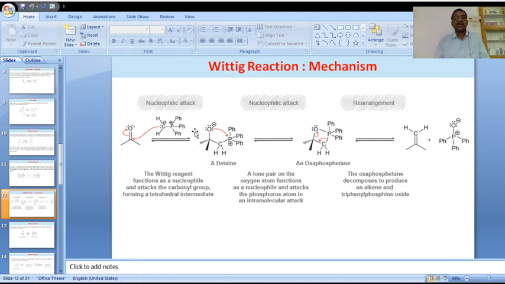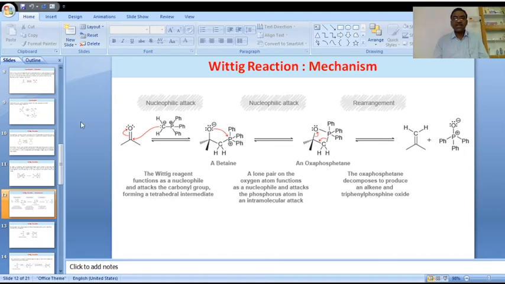intramolecular attack. This is an intramolecular nucleophilic attack within the molecule. Intramolecular means within the molecule, the nucleophile attacks the phosphorus atom.